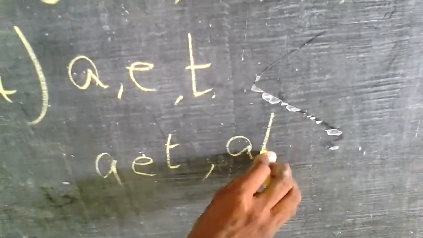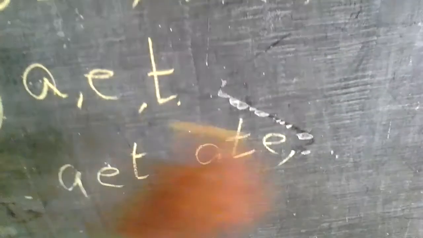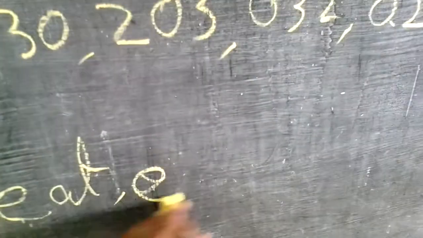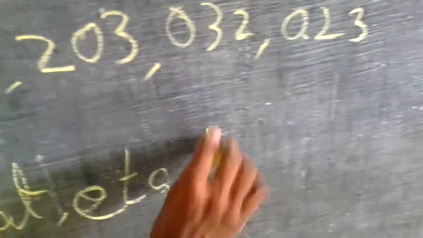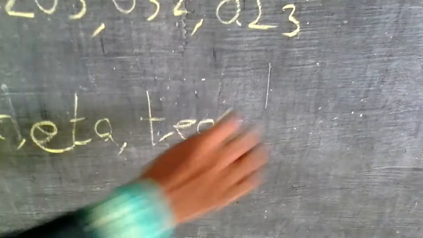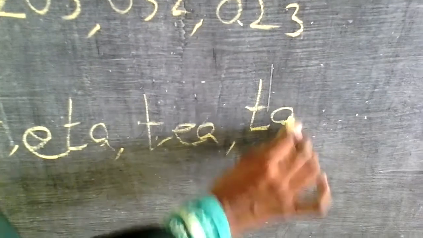Otherwise, A, T, E I can write. Then I will take E and do E, A, T, E, T, A, then T, E, A, T, A, E. These are the ways we can make it.